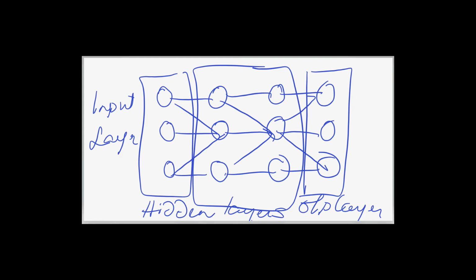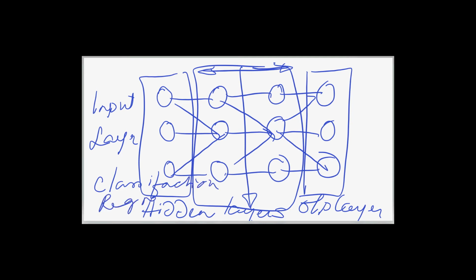Now by modifying the depth and the width of the neural network, we can model complex real-world phenomena to solve both classification and regression problems.